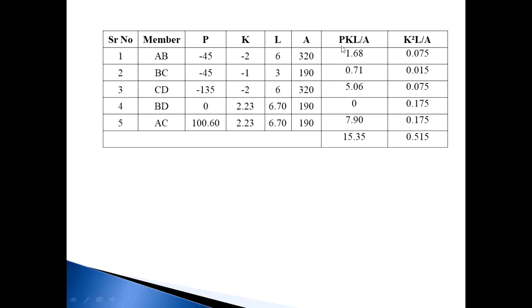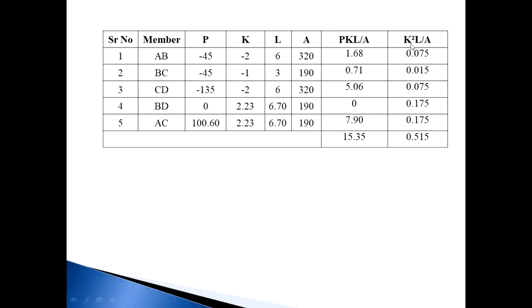Then in this column we calculate PKL upon A. This PKL upon A for member AB is 1.68, for member BC 0.71, for member CD 5.06, for BD is 0 because the P force is equal to 0. Then for AC is 7.90.